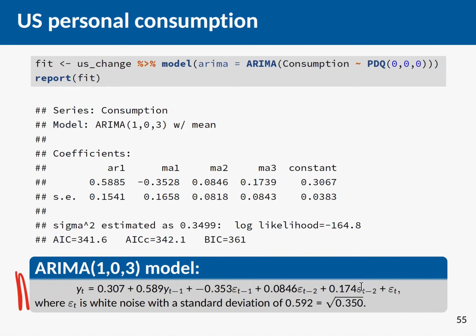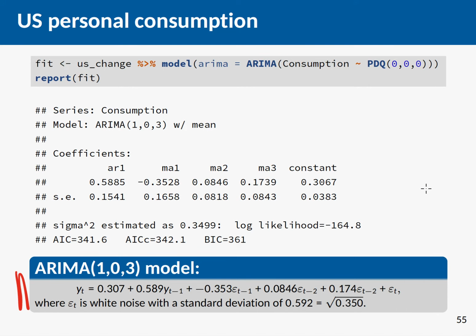There's a typo here, but this is that component here, plus epsilon_t, where epsilon_t is a white noise process with a standard deviation of the square root of 0.35, which is coming from right here. So this is how you understand what the output is.